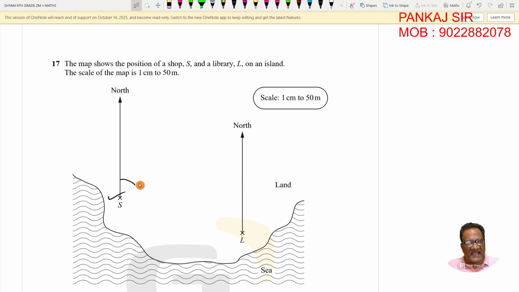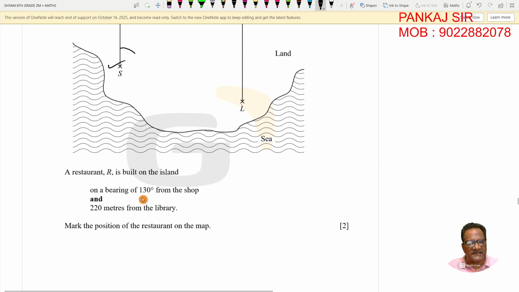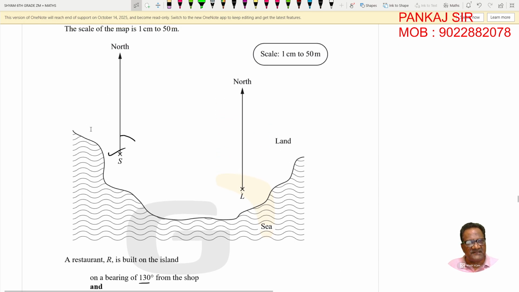And the bearing of how much is given? A bearing of 130 degrees. So from this particular north direction line, with the protractor, you measure 130 degrees. If you go this way with the protractor and come to this point, this will be 90 degrees. So you have to go to 130, which will come somewhere over here.